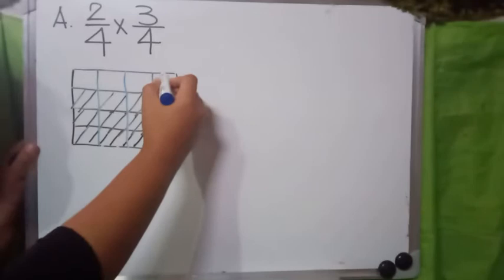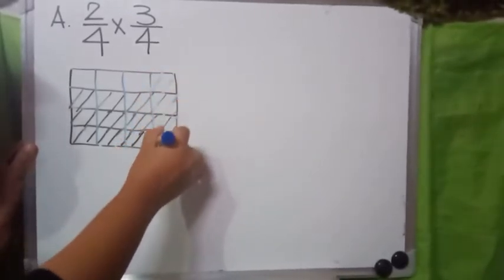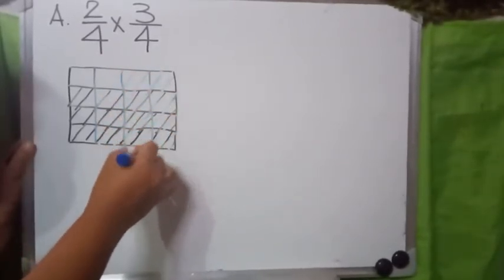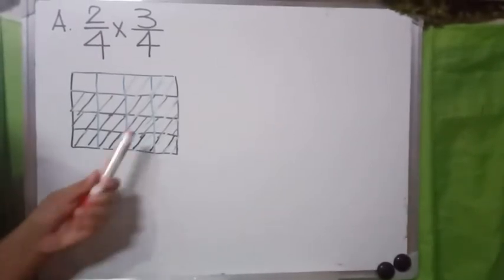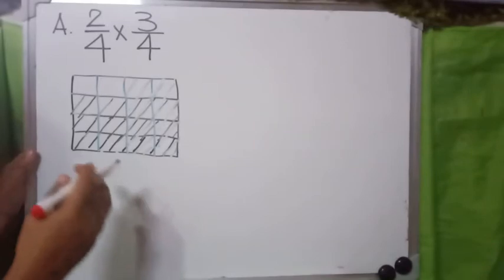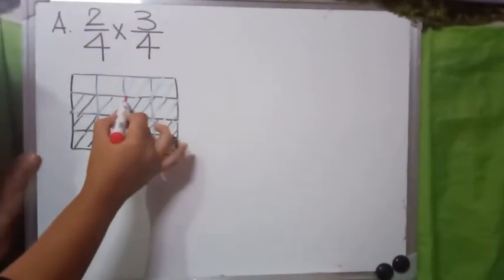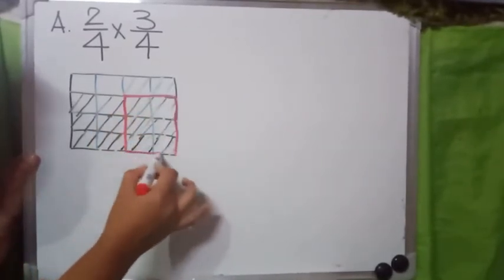So we will shade it. Okay, so as you can see, we have shaded the 2/4 and 3/4. We have here an overlap of our 2/4 and 3/4. This is the overlap of our two fractions.